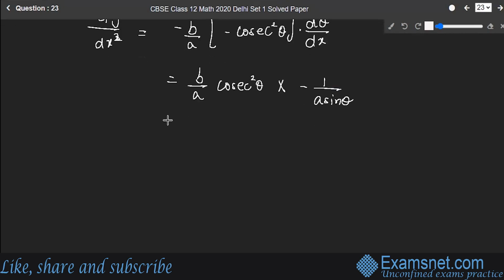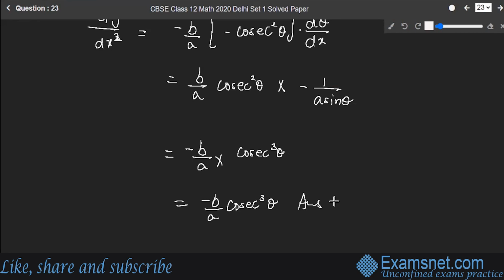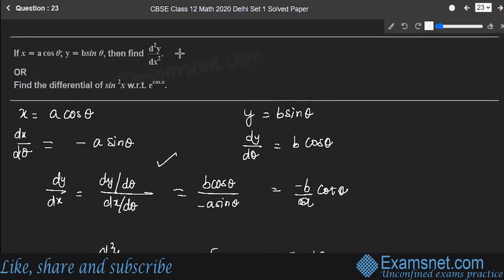So this becomes b upon a into, minus will be taken here, into cosecant cube theta. So that's it. This is the answer, minus b upon a into cosecant cube theta. This is the answer to the first part of the question.